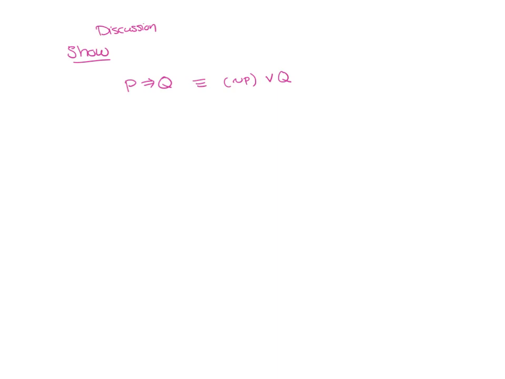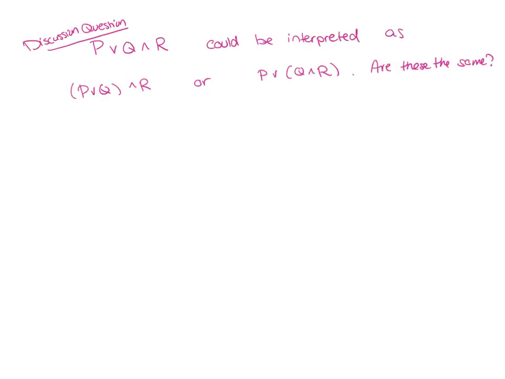Okay, so in class we're going to talk about this. I want you to show that the statement P implies Q is equivalent to the statement not P or Q. So go ahead, work out the truth tables for those. If you want to put them in the slide in advance, you can, and we'll talk about that in class. And the last thing here, I've got one more discussion question.